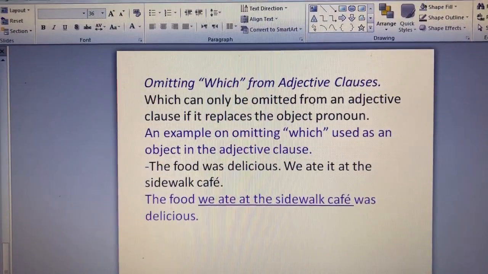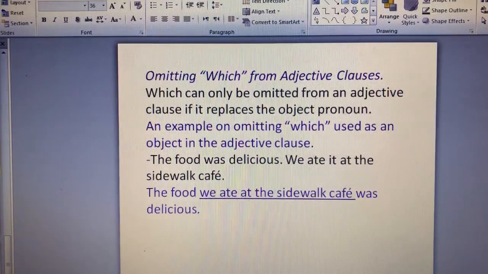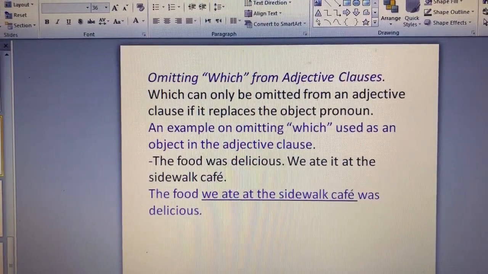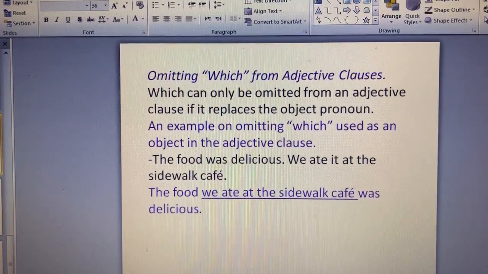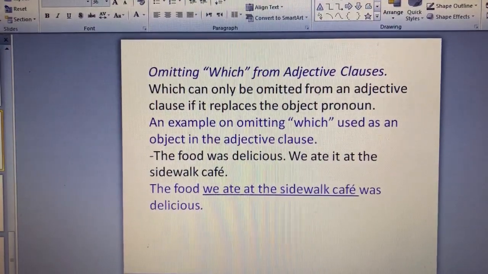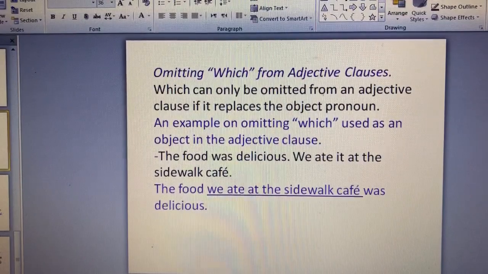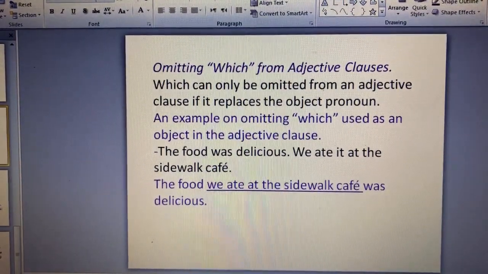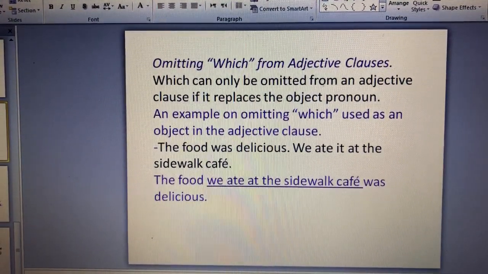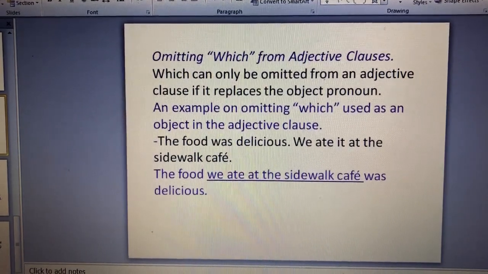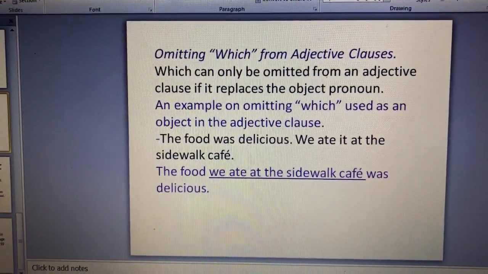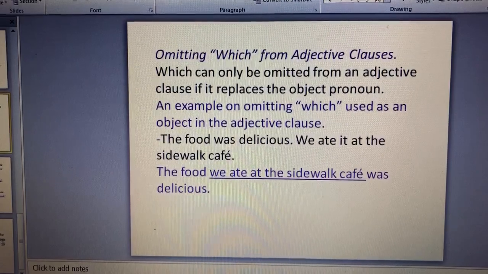Omitting which from adjective clause. Which can only be omitted from an adjective clause if it replaces the object pronoun. It's like whom. An example on omitting which used as an object in the adjective clause. Here, pay attention that when which functions as the subject of the adjective clause, it cannot be omitted.